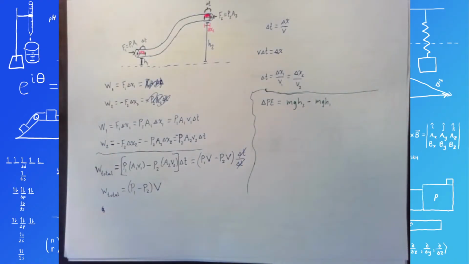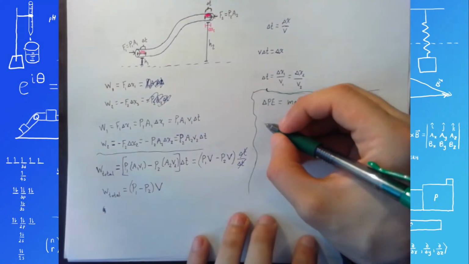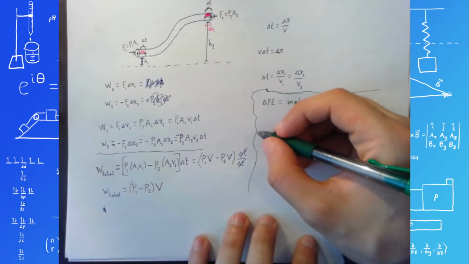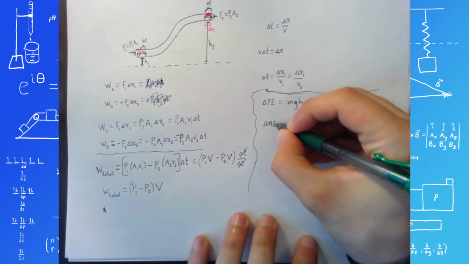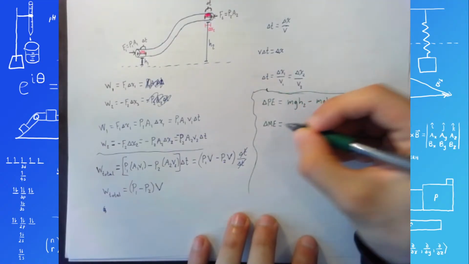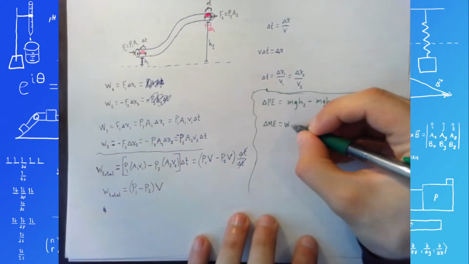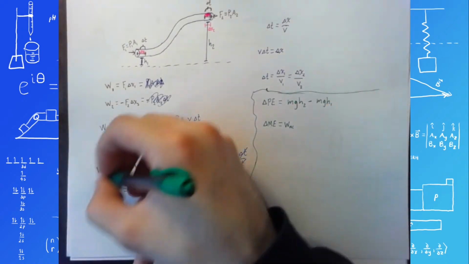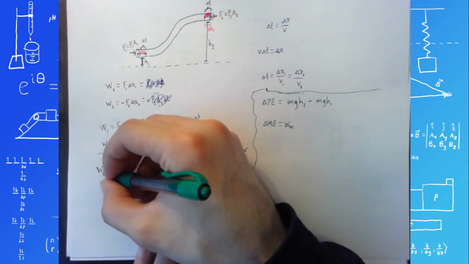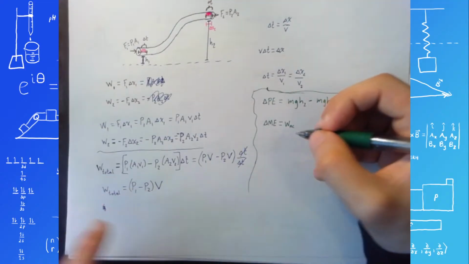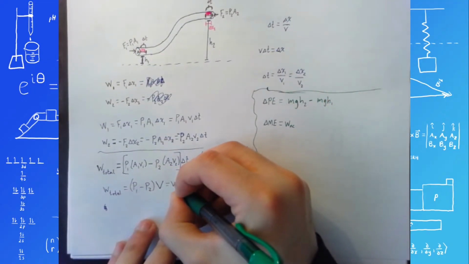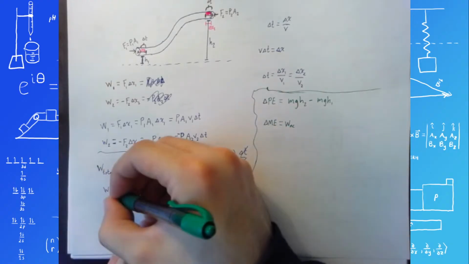That's easy enough. And then if I were to use conservation of mechanical energy, or rather in this case non-conservation really, the change in mechanical energy equals the work non-conservative. So I actually shouldn't have called this the total work because this doesn't include the gravitational work. This is actually the non-conservative work.